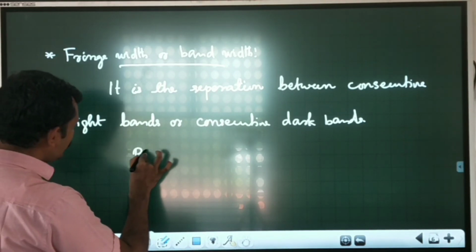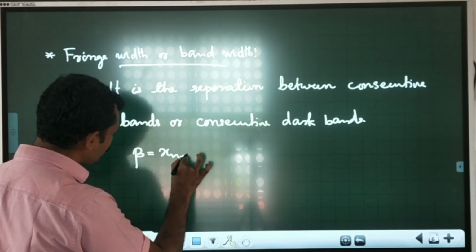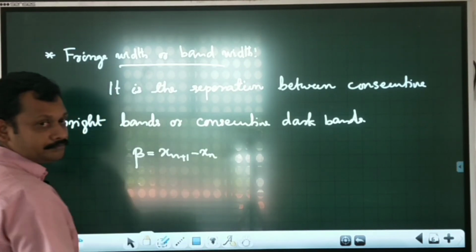So we can write fringe width beta is equal to xn plus 1 minus xn.